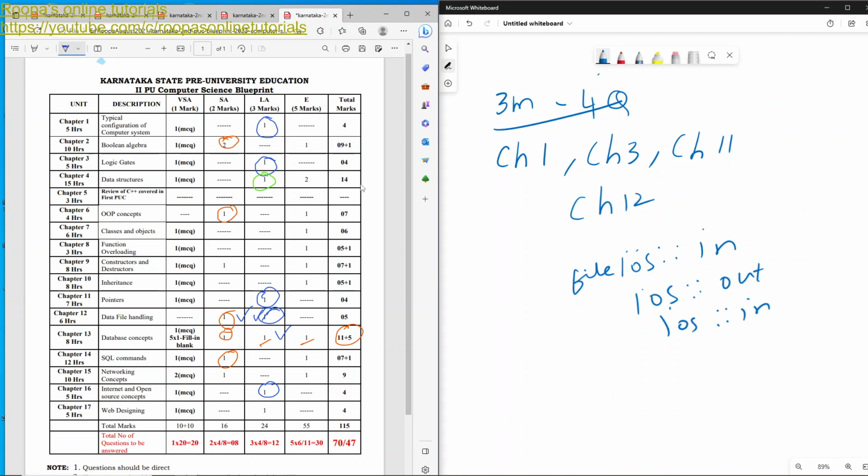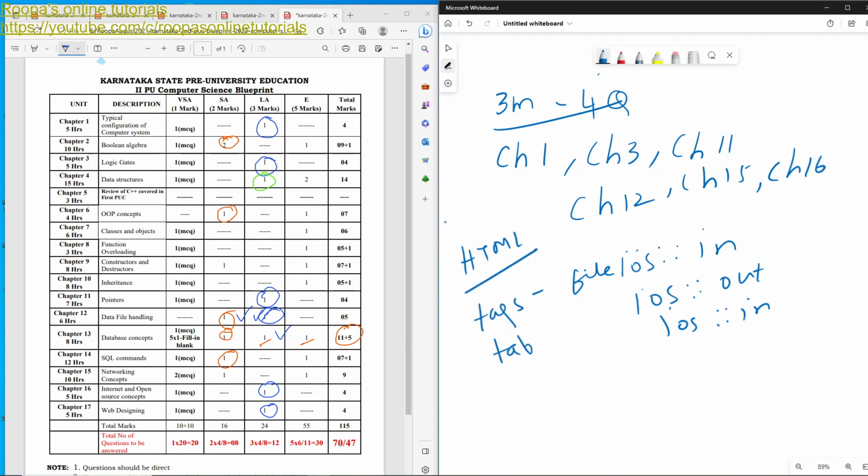And in web designing, again, this is also an easy chapter if you see. So chapters 15 and 16 also have some direct questions. In HTML, generally they ask you about tags. So you go through all the different tags. For example, you can go through the table tags because they are there in the practicals.